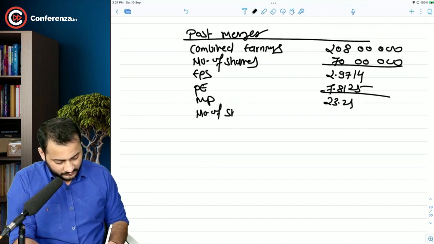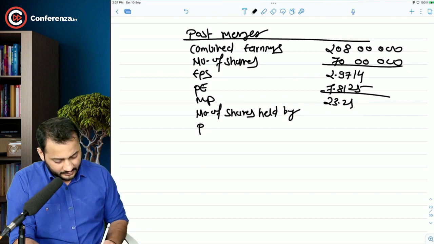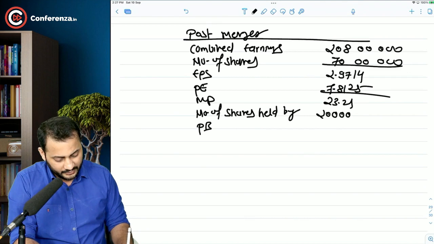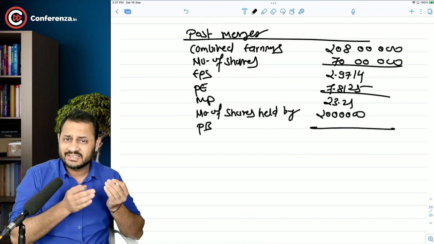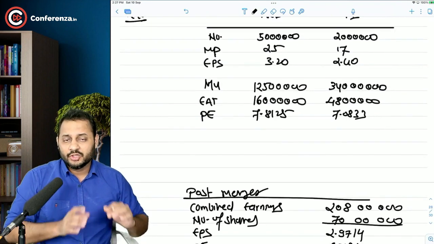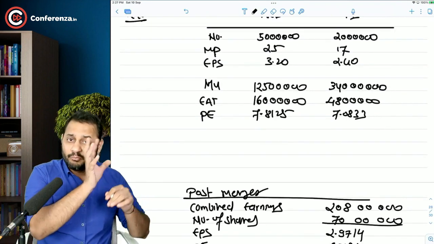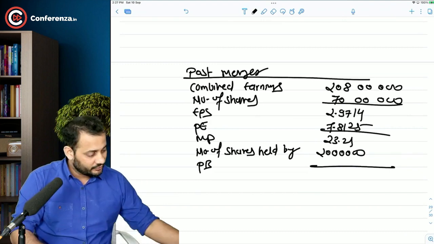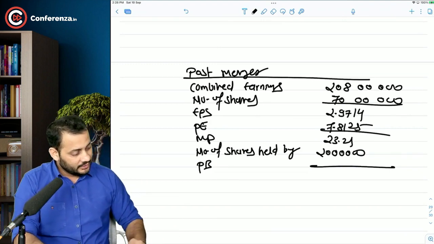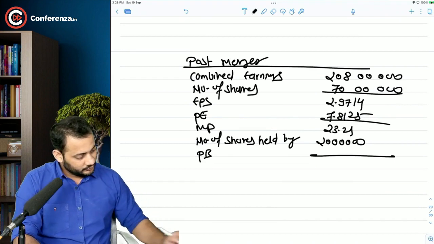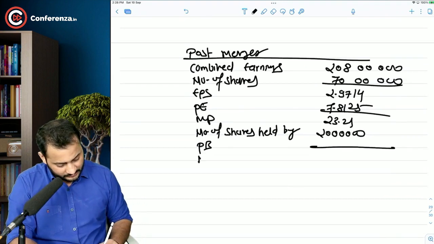Now try to understand the number of shares held by PB Limited. How many shares are held by PB Limited in the post-merger company? That's exactly 20 lakh, because 1:1 was the exchange ratio. So for their 20 lakh shares in the before-merger company, they have exactly 20 lakh shares in the after-merger company as well. And their value is 464.2 lakhs.